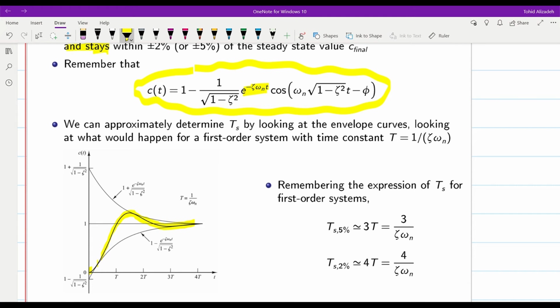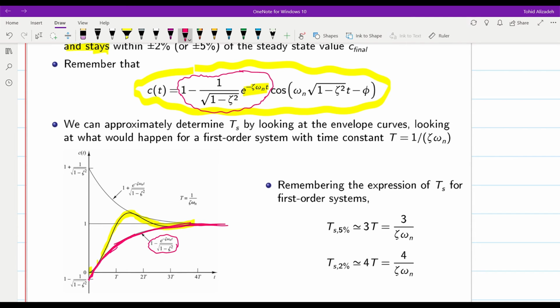On the other hand, if we draw this term, 1 minus e^(-ζω_n t) over square root of 1 minus ζ squared, that's what you see over here as well. We will end up with this. Okay, so this is the graph that we get.